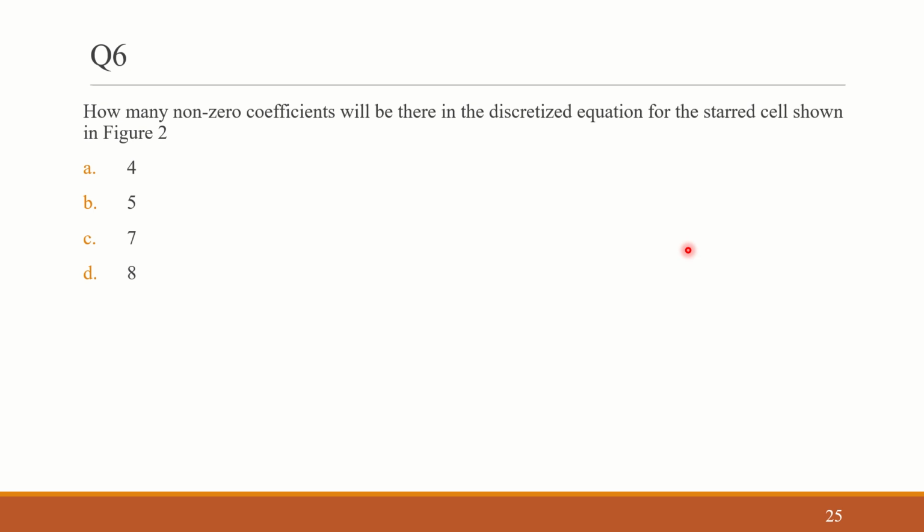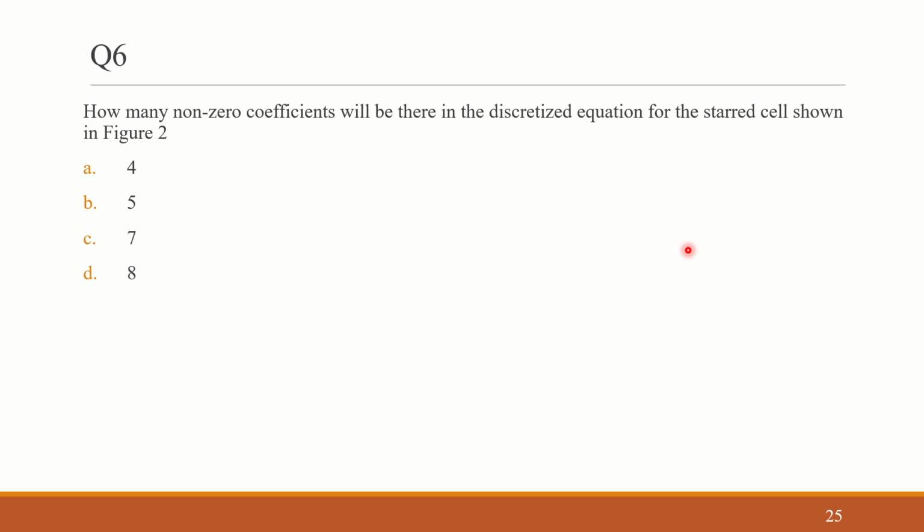How? Because the starred cell is not surrounded by any boundaries. If it is surrounded by boundaries, that particular coefficient will become known values or become zeros depending on the boundary conditions that we are imposing. But here this cell is in the center and we do not have any boundary conditions or boundaries surrounding it. So along the x direction it will have one step forward and one step backward information.